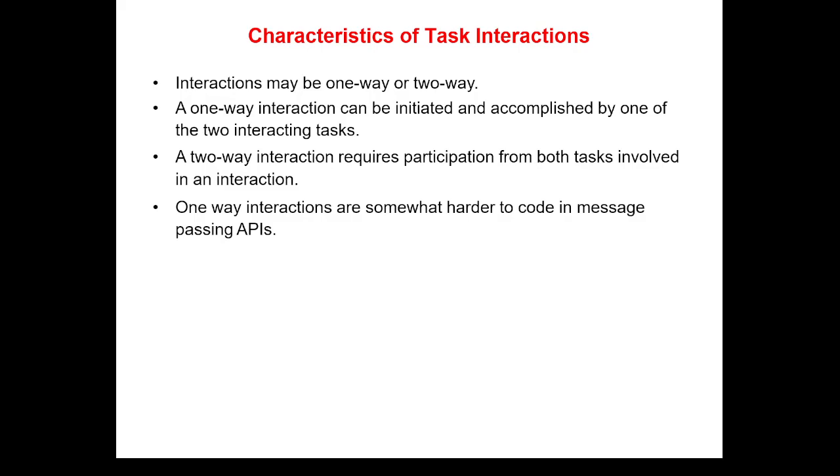Okay, right? So the interaction may be in one way ataupun two way. Okay, so this is we call interaction, one way or two way. One way interaction mean it is initiated and accomplished by one of the two interacting tasks. Okay, kalau two way interaction maknanya dia boleh both, okay, dalam masa yang sama. Both take part in the interaction.